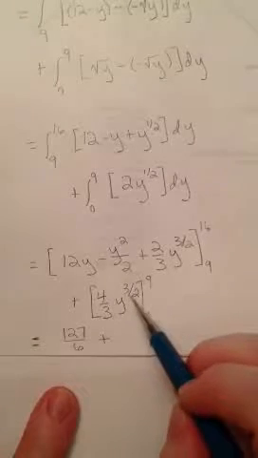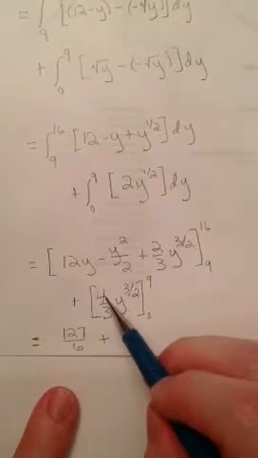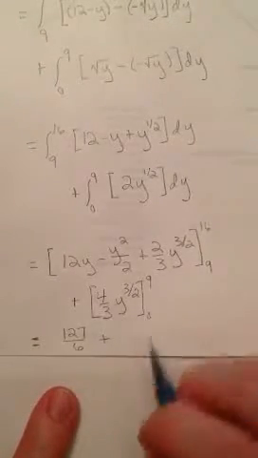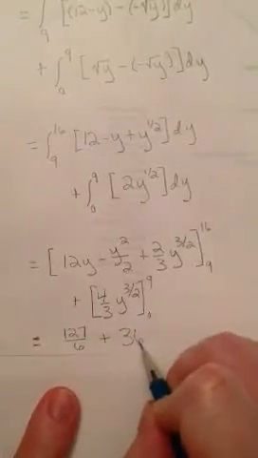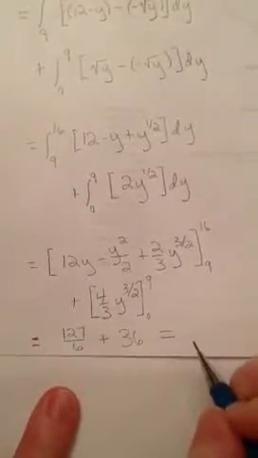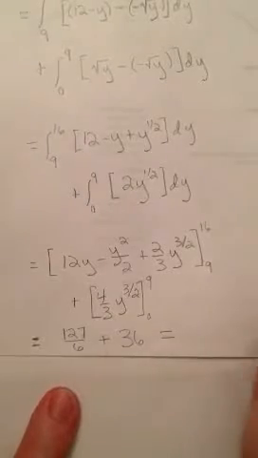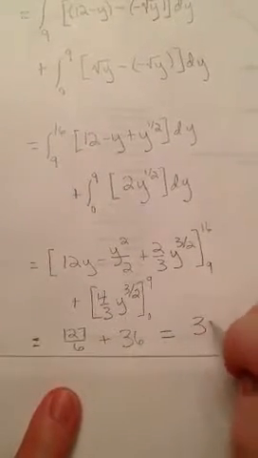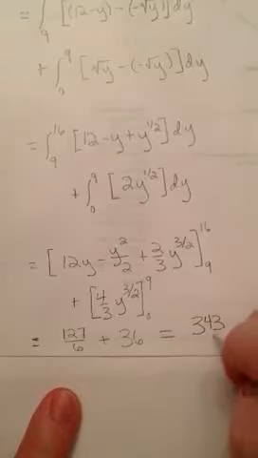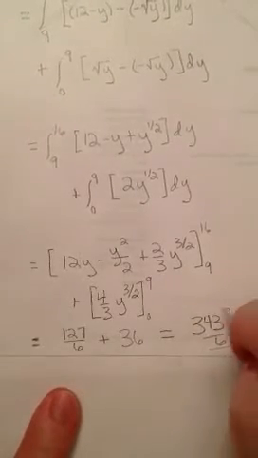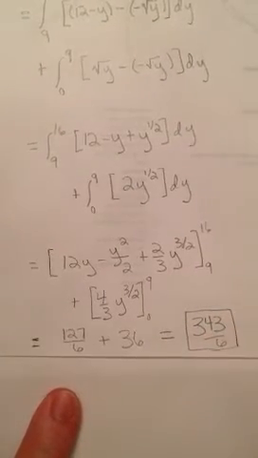And 9 to the 3 halves will be 27, times 4 is 108, divided by 3 is going to be 36, and 36 is 216/6. If you add that to 127/6, we come out to the area at 343/6.